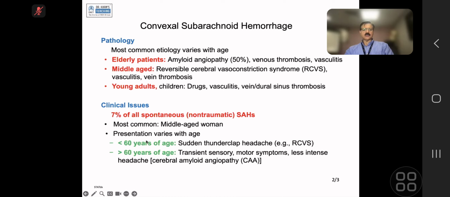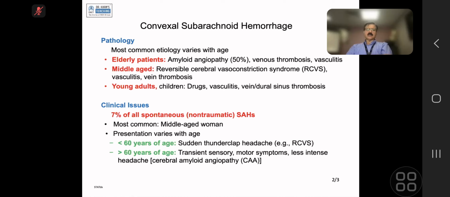Presentation varies with age. If it is less than 60 years, it can be sudden thunderclap headaches, but more than 60, transient sensory or motor symptoms, less intense headache. And these are the type of cases which I have seen in my experience, less intense headache.